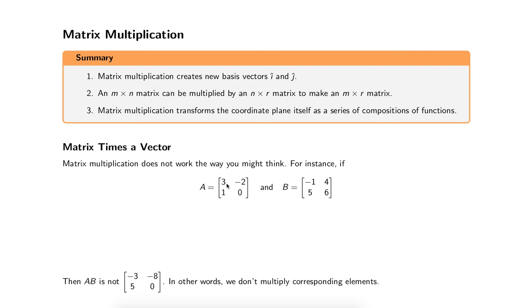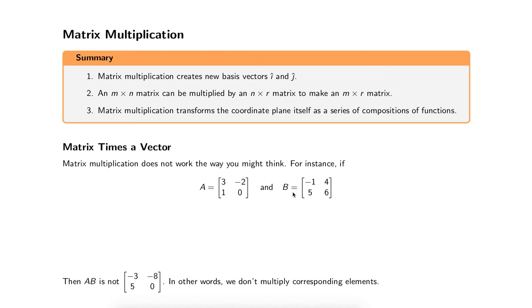For instance, if we have matrix A, a 2 by 2 matrix here, and matrix B, a 2 by 2 matrix, based on how we looked at adding matrices and subtracting matrices and even multiplying a matrix by a scalar, you might be tempted to think that you just have to multiply the corresponding entries or the corresponding elements, like 3 times negative 1 to get negative 3, negative 2 times 4 to get negative 8, etc. However, the way we define matrix multiplication, we don't just multiply the corresponding elements.